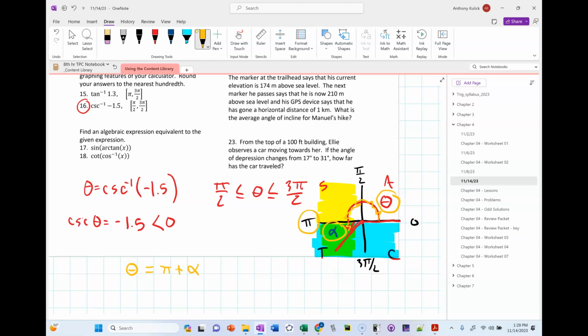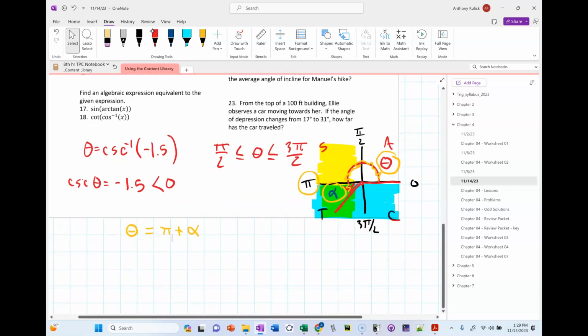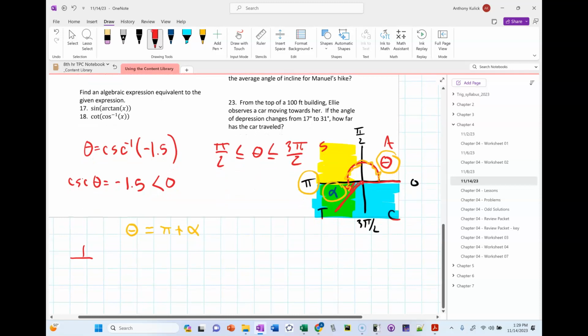All right, so alpha should be cosecant inverse of the absolute value of negative 1.5. What's the problem though? Do you have a cosecant inverse button on your calculator? No. So here's the trick. Cosecant is 1 over sine.